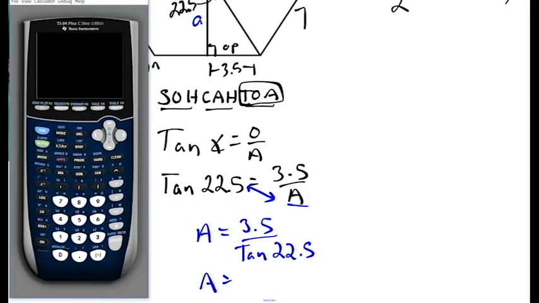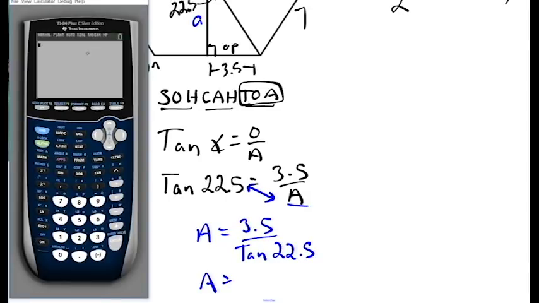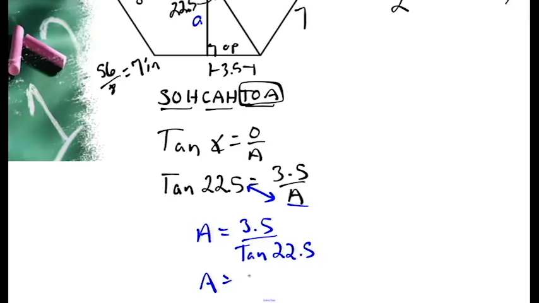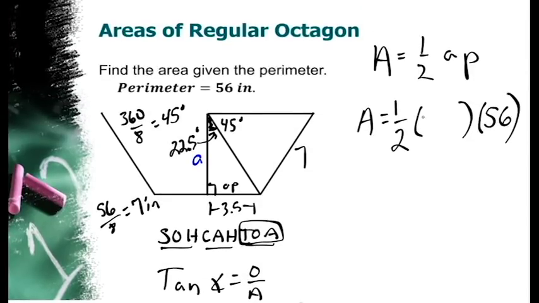So we're going to pull up our calculator here. I can see up at the top here I'm in radians, so I want to make sure I change my mode to degrees. Now I'm going to go 3.5 divided by the tangent of 22.5. That gives me 8.4497, so I'm going to go with 8.45.